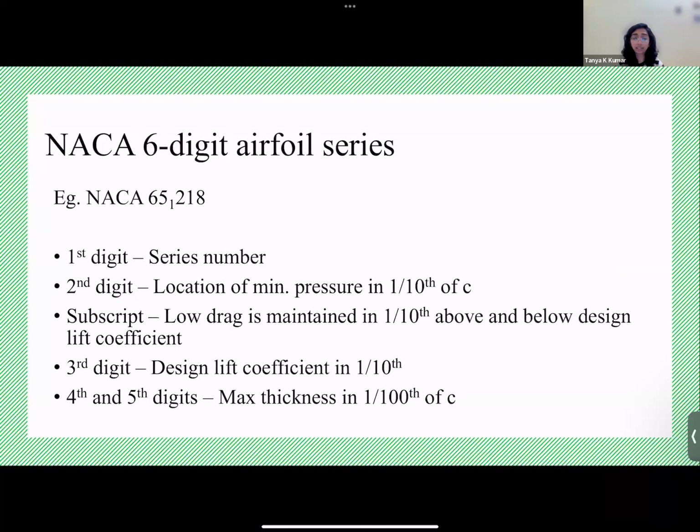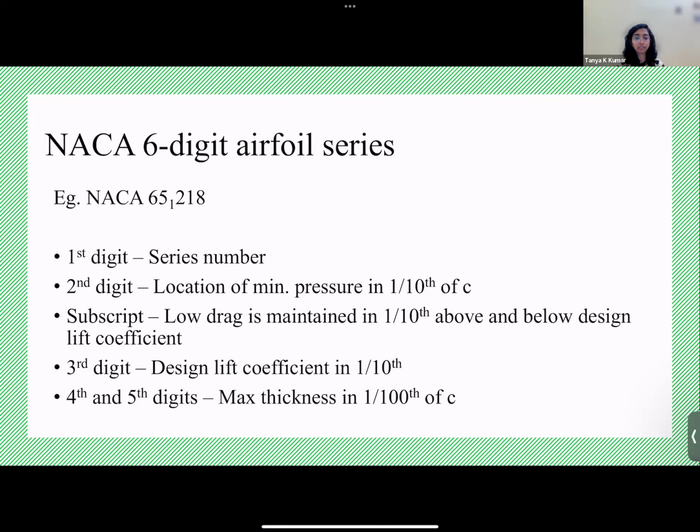Then you have the NACA 6 series. Here the first digit just represents the series number, so 6 series. The second digit represents the location of minimum pressure in 1/10 of C, so here it will be 0.5 C, correct? Then the subscript gives you the range. Here the value is 1, so it gives you 1/10 above and below the design lift coefficient where there is low drag, the favorable conditions where you prefer to fly.